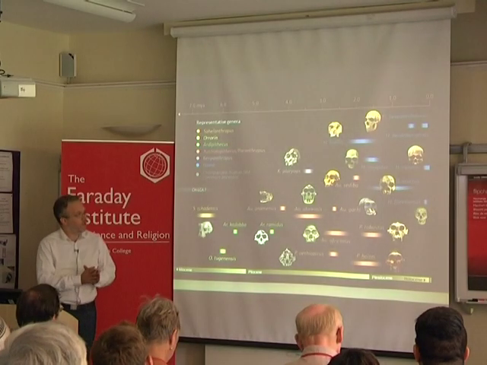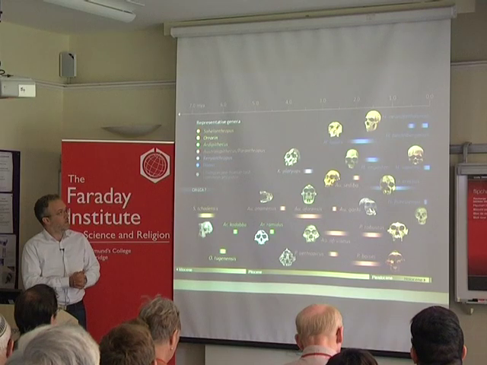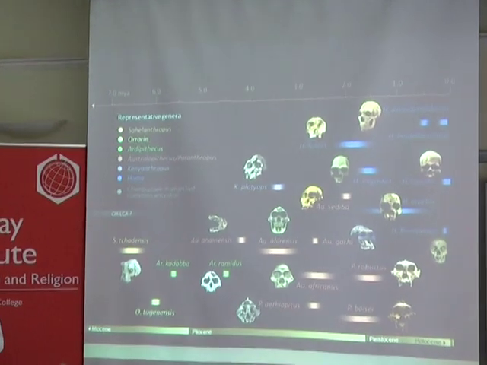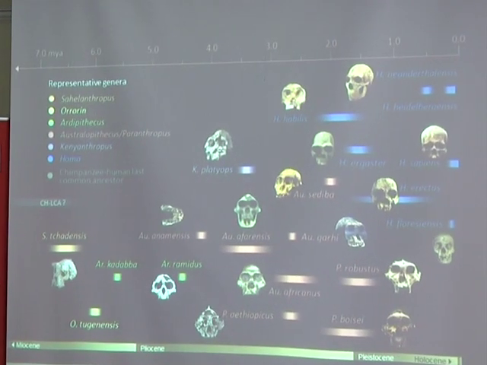Again, I don't want to spend too much time on that. Here are some of the hominid species that have been discovered so far. The material is very sketchy; it's very difficult to find this type of material, but we have some of it. The oldest one is about 6 million years ago.